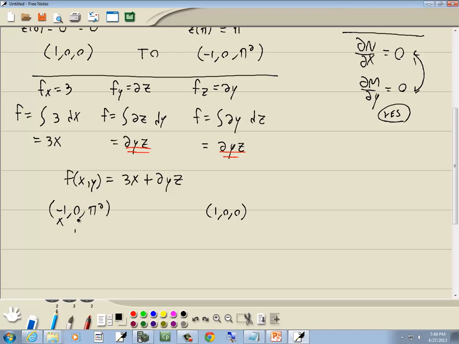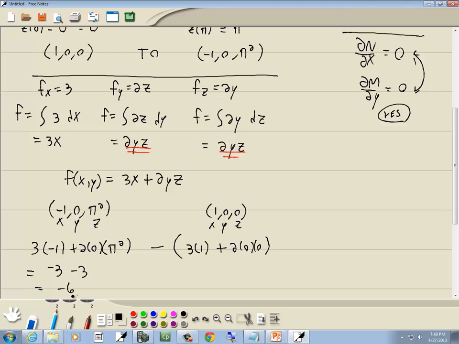This is our x, y, and z, and this is our x, y, and z. So we got 3 times x, which is -1, plus 2 times y, which is 0, times z, which doesn't matter since y is 0, minus, and plug this in for x, so we got 3 times 1, plus 2 times 0 times 0, which gives us -3, that drops away, and that drops away, and we got -3, which ends up giving us -6.